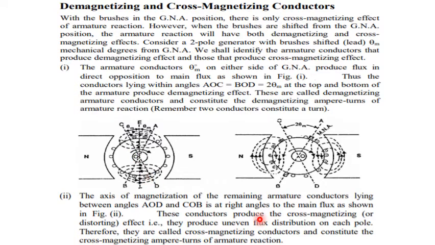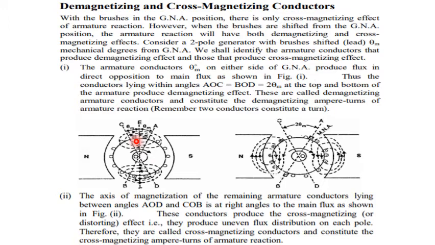Now these are called the demagnetizing armature conductors, and they constitute the demagnetizing ampere turns of the armature reaction. So here two conductors are present, here also two conductors are present, which contribute to the demagnetizing effect.